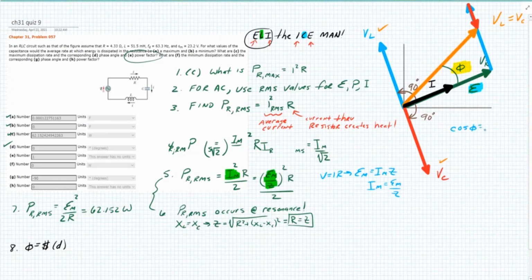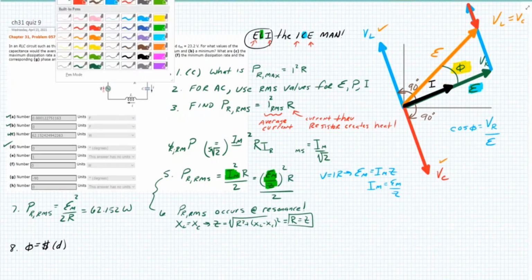Cosine is side adjacent, which would be the voltage drop across the resistor, divided by the hypotenuse, which is the EMF. So we're always going to take the cosine of the phase angle as our power factor.